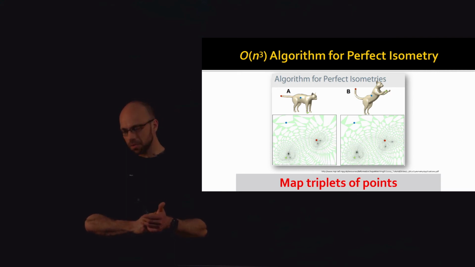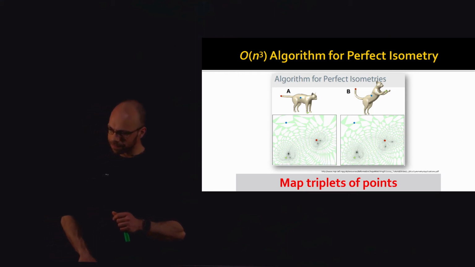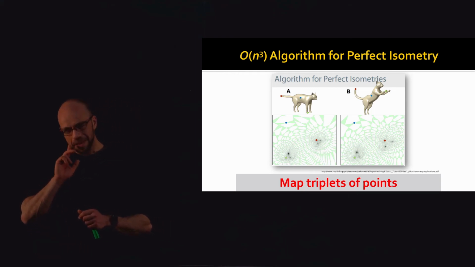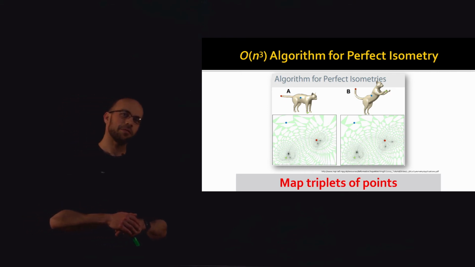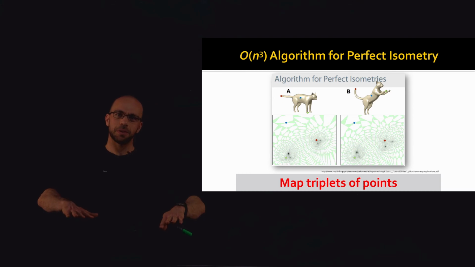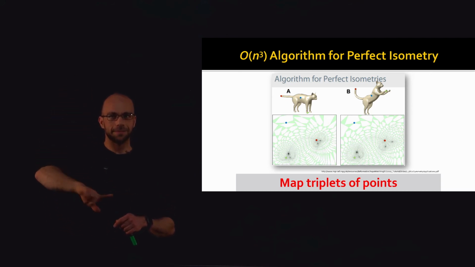Now, a fact that we're not going to prove, because this is a survey lecture to be sure, is that a conformal mapping is actually defined just using 3 points. We're going to see how in just a minute. So here's what basically goes on. We take the two pieces of input geometry, like these two cats, and we map them both into the plane in a conformal fashion. So now we have an angle preserving map from one cat into another by going into the plane and then back out.